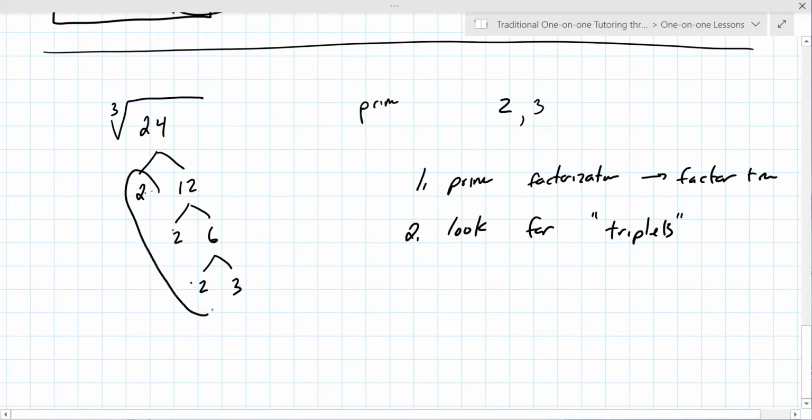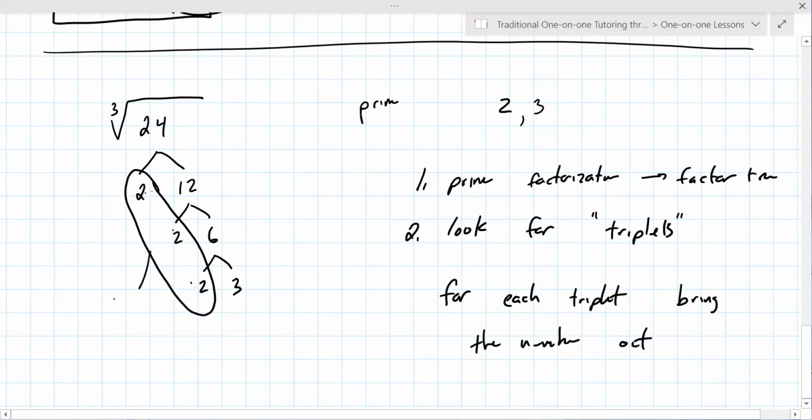So here's the triplet there. For each triplet, you bring the number out. So that means we're bringing a 2 out, outside the cube. The 3, though, there's only one of them, so we can't bring it out.